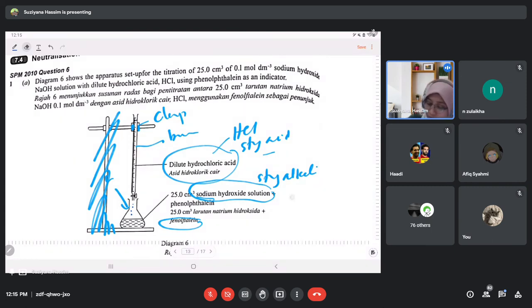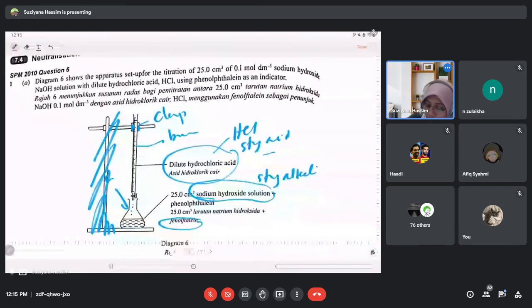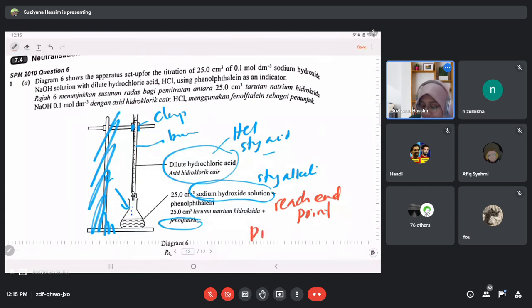Okay, when it reaches end point, the pink color turns to colorless.